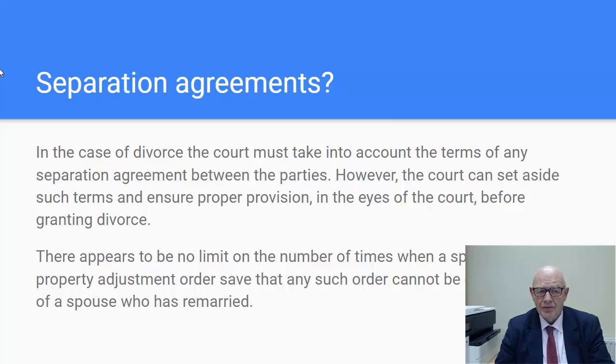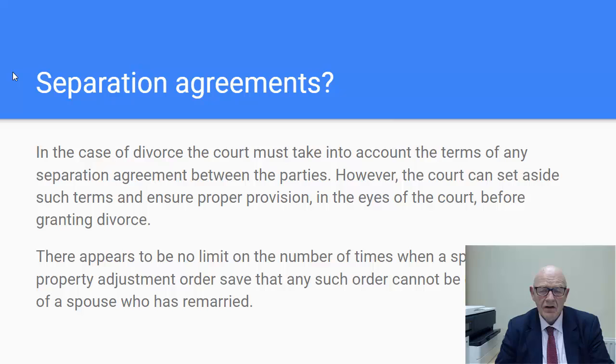In relation then to separation agreements, in the case of a divorce, the court must take into account the terms of any separation agreement between the parties. However, the court can set aside such terms and ensure proper provision in the eyes of the court before granting a divorce. So a court will have regard to a separation agreement and the terms of it, but will not be completely bound or dictated to by those terms.